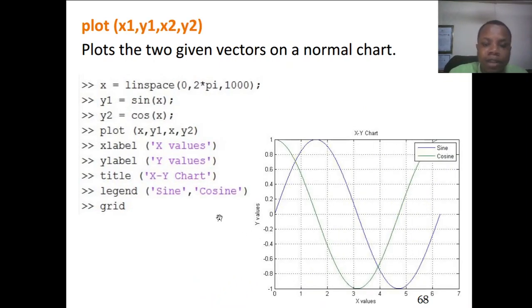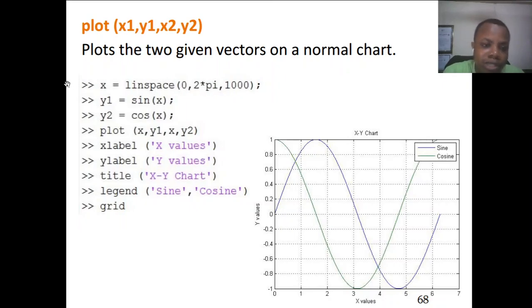Now what if you have two separate series that you would like to plot all in the same plot? Suppose that we create a vector using linspace. Remember we did talk about this linspace, how to create this sequence. In this case, we are starting from 1 up to 2 pi, and we need about 1000 points.